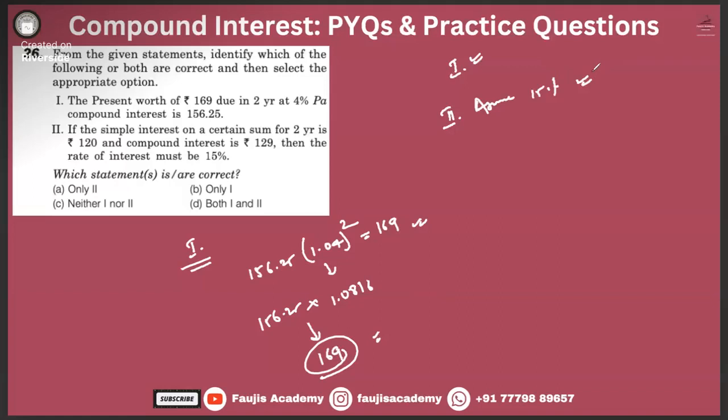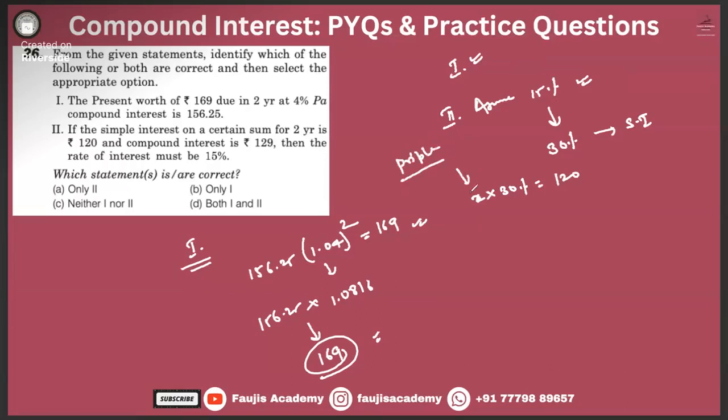So for 2 years it must have yielded 30% as simple interest, and that means some value x of 30% is essentially how much? 120, right?